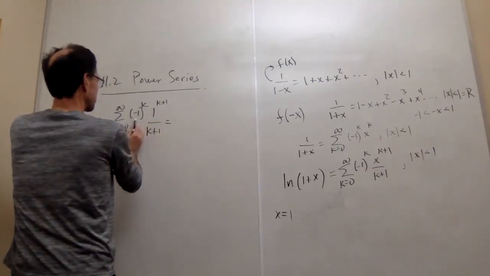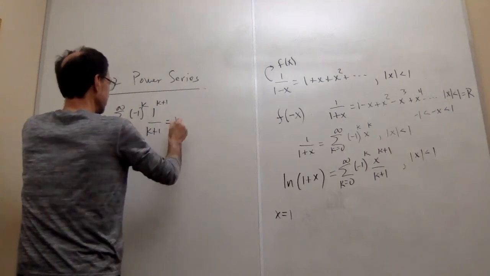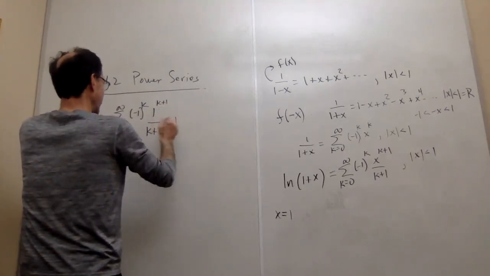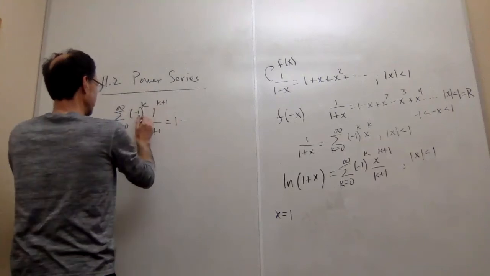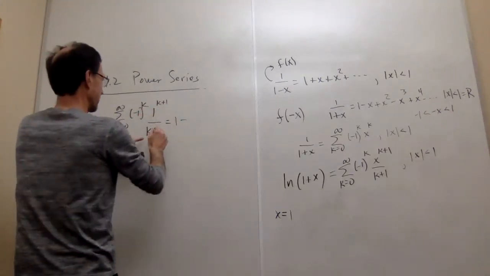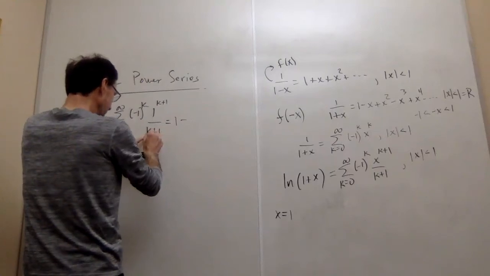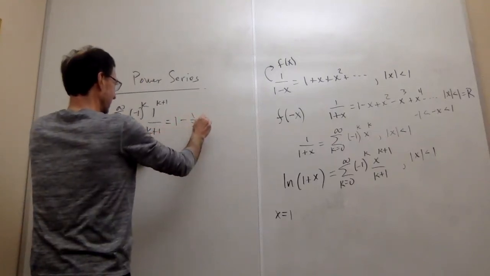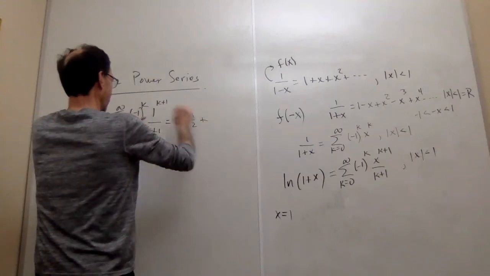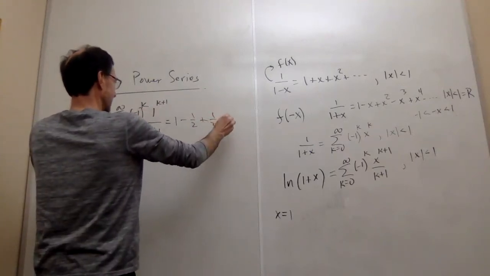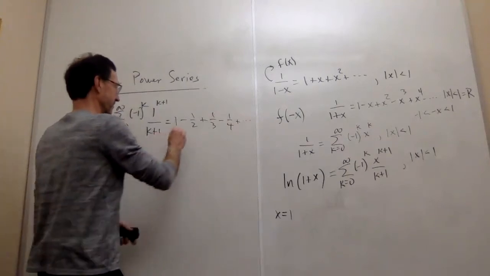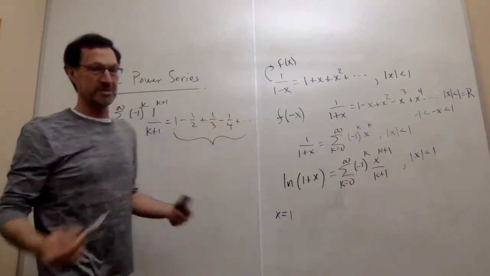When k equals 0, this is positive. This is 1, that's 1 always. So we just get 1. When k equals 1, now the minus kicks in. Minus 1 to the first. This guy is 1 always. And then we're going to divide by 1 plus 1. And then when k equals 2, back to positive, 1, third, minus, and so on. What series is that?